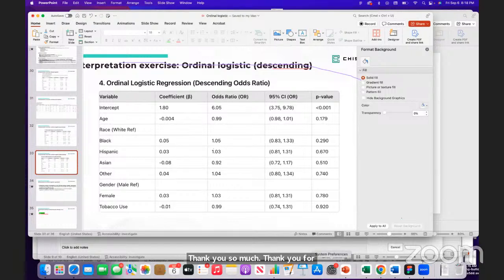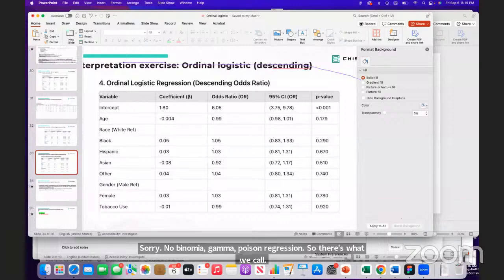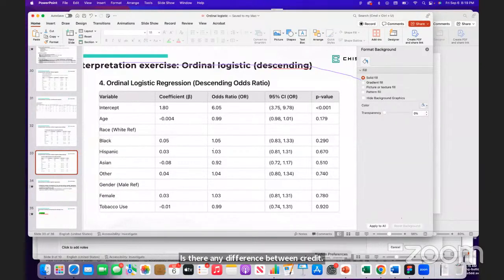I just wanted to know, I've been doing some work on gamma Poisson regression. Is there any difference between a credible interval and a confidence interval? Because in that case, the interpretation puts more emphasis on your interval containing 0, while in this case our target is looking at the value 1.